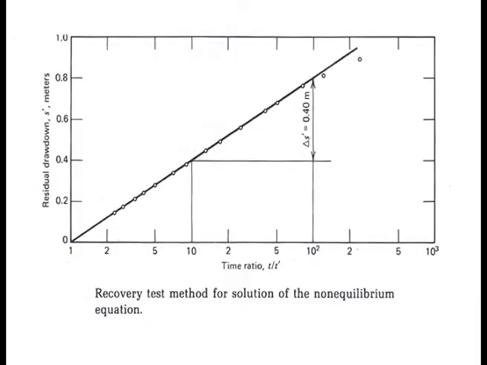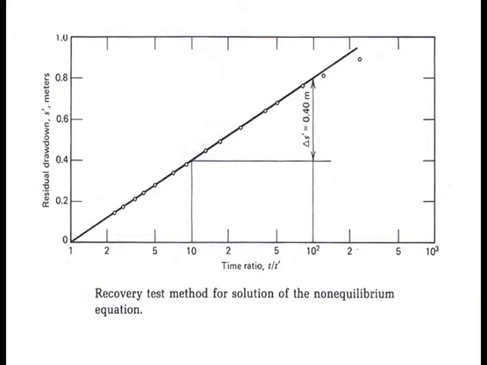By plotting the residual drawdown versus the ratio of small t upon t dash on semi log paper, you will get a straight line. From this straight line you determine the delta s dash, similar to how we determined delta s in the Cooper-Jacob method. Here we determine delta s dash because we are plotting the residual drawdown.